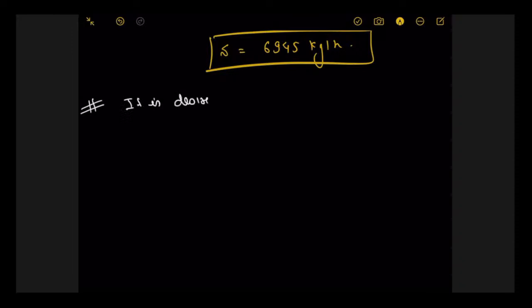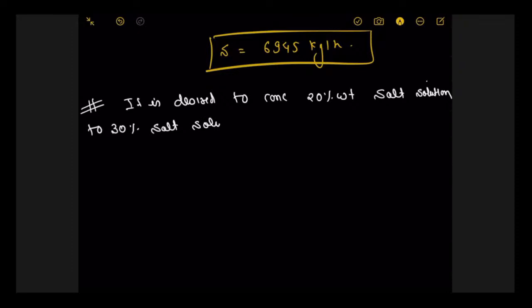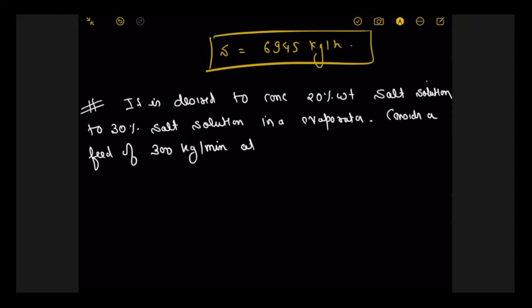It is desired to concentrate a 28% salt solution to a 30% salt solution in an evaporator. Consider a feed of 300 kg per minute at 30 degrees centigrade entering the evaporator.